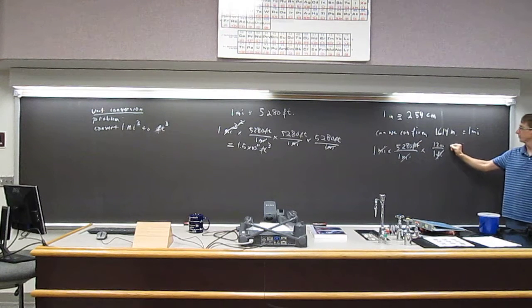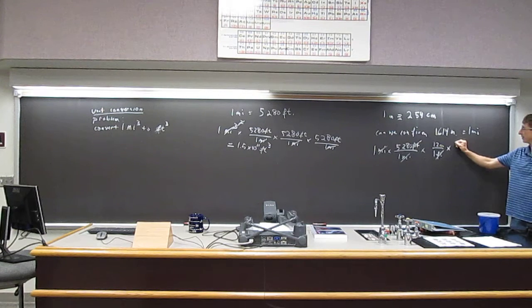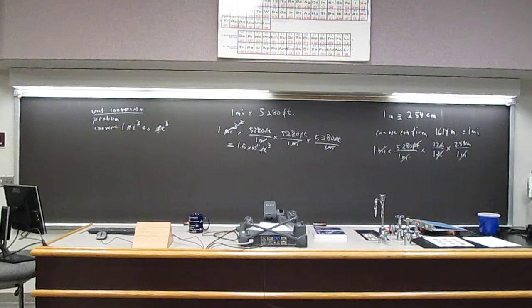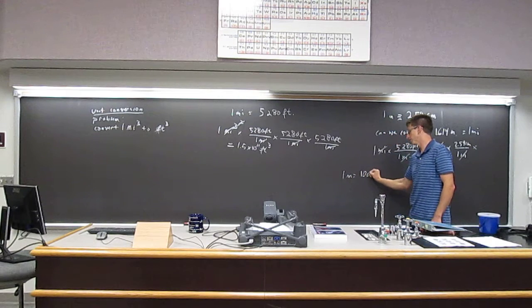If I want to go to centimeters, then what would I do? 2.54 centimeters over 1 inch. The inches would cancel here. Good. And then if I want to go back up to meters, what would I do? 1 meter is the same thing as 100 centimeters.